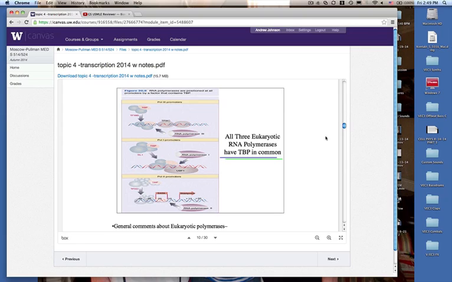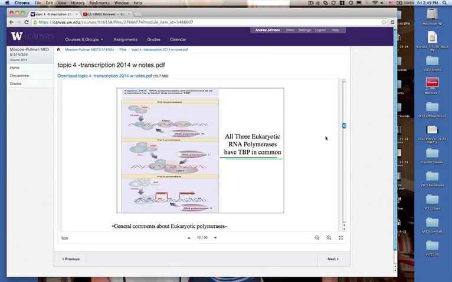In Pol 1 and Pol 3 transcription, the TBP protein is not the protein that binds to the DNA and recognizes the promoter sequence. That is other components in these complexes. However, TBP is there to act as the interface with the polymerase. So TBP is always in direct contact with the polymerase itself.